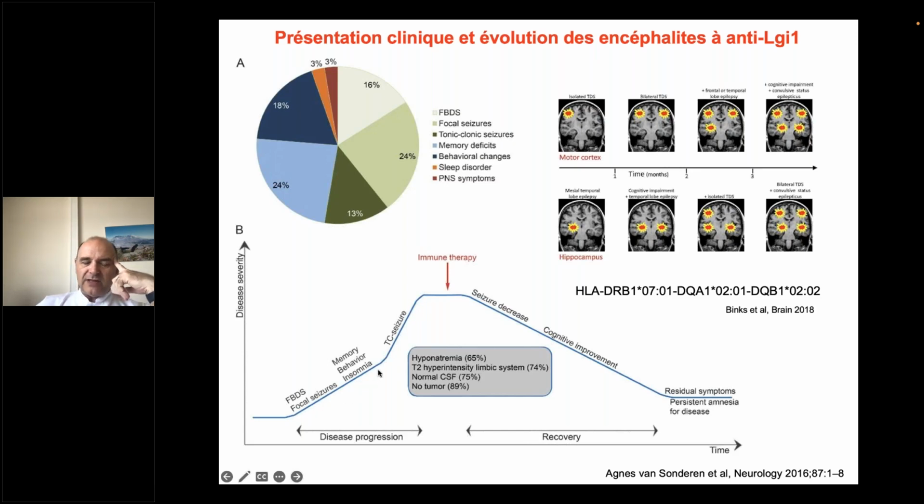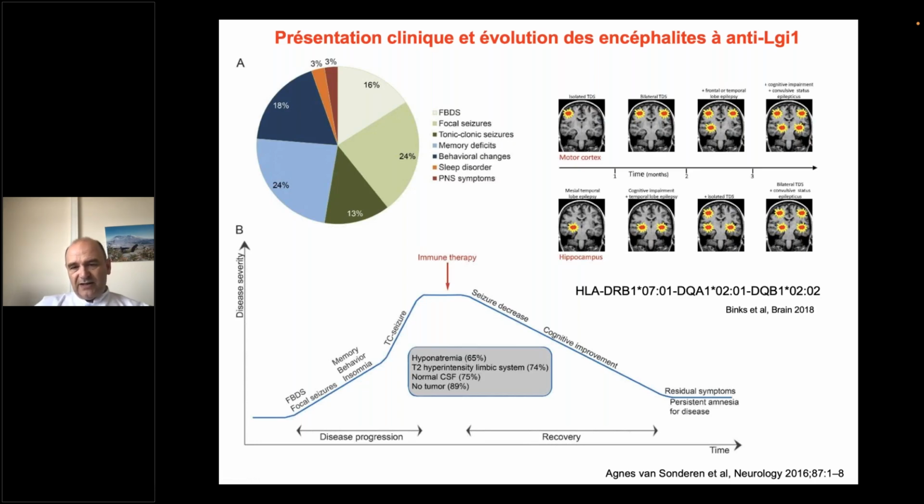But the particularity of this encephalitis is that it's very different from patients with anti-NMDA receptor antibodies, because the presentation is not acute but chronic, with abnormal faciobrachial dystonia or hippocampus involvement or cognitive disturbances. The particularity is that the CSF is not inflammatory in most of the cases.